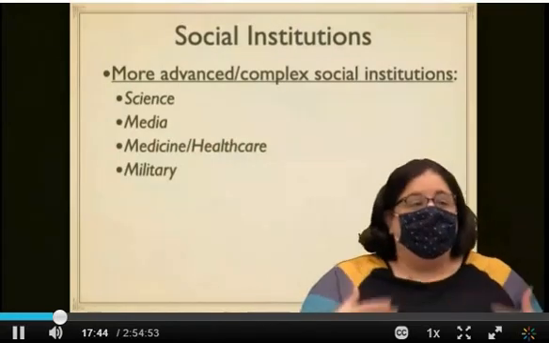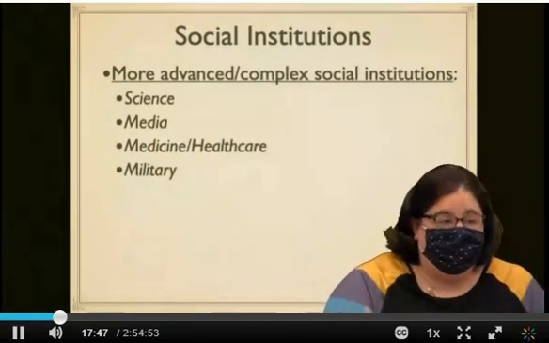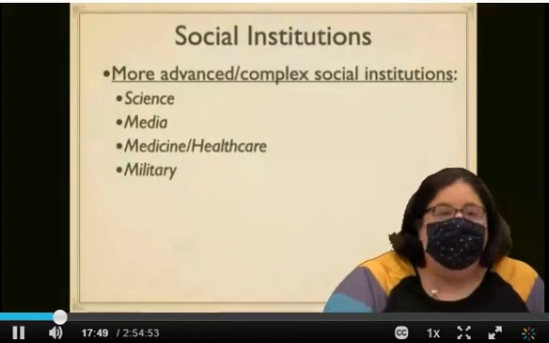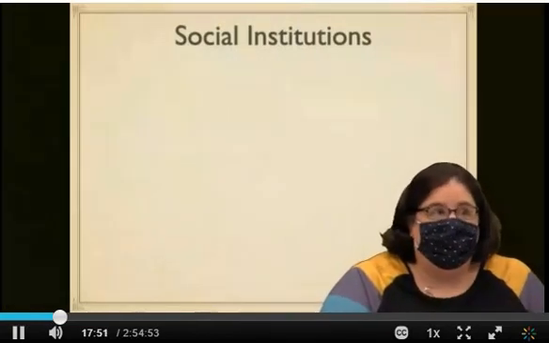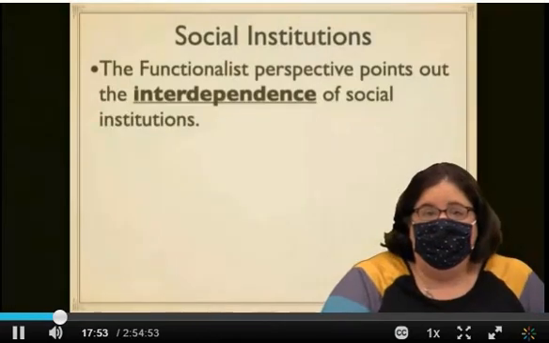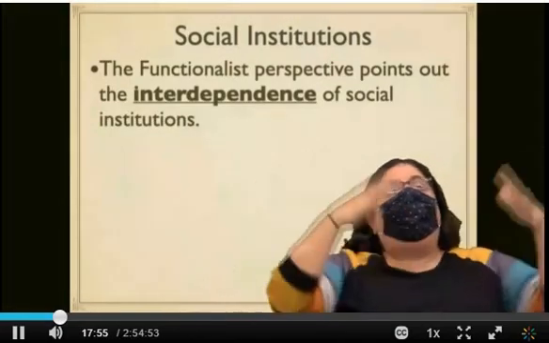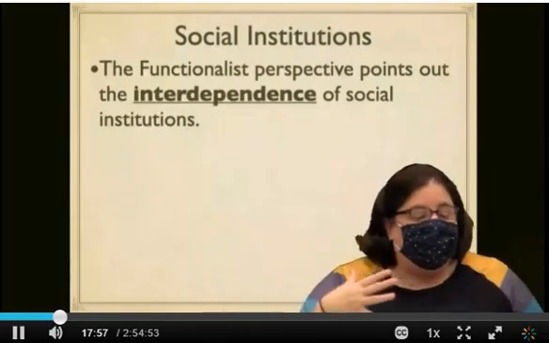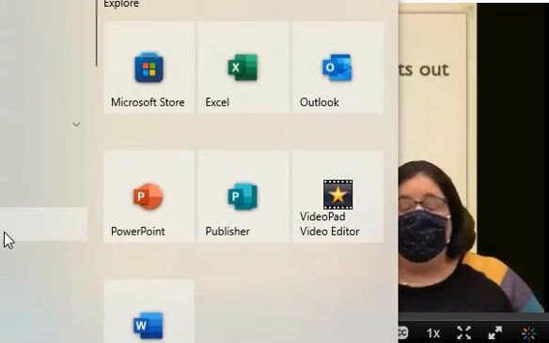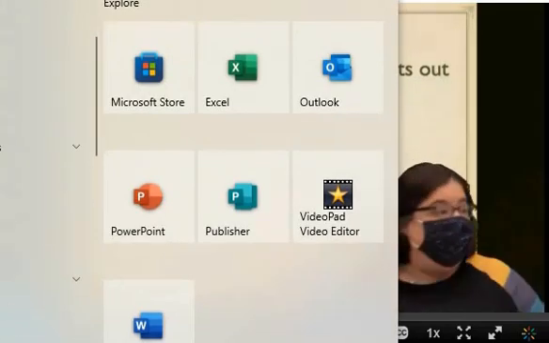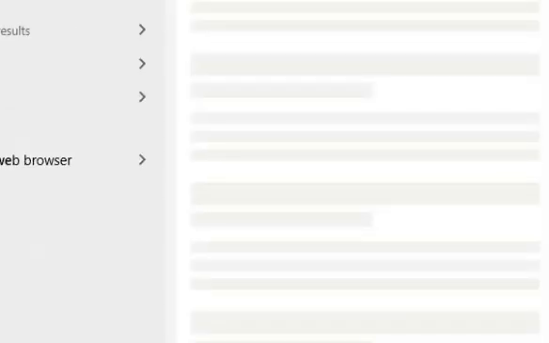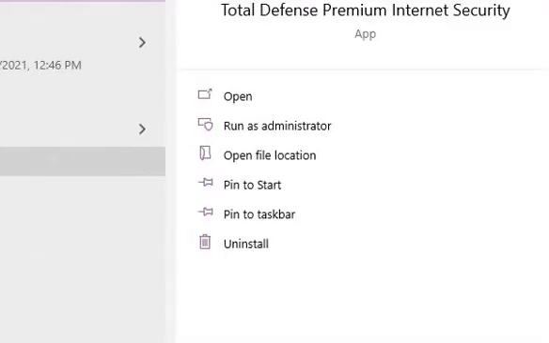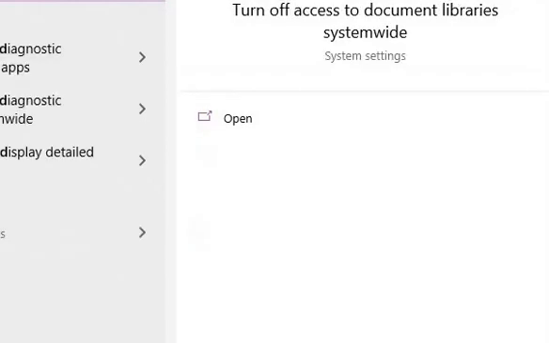So, in sociology, as a social science, there is a general understanding called functionalism. Functionalism believes that all the parts of society have to work together in order for society to be harmonious, for it to be working properly, to function, right? And so the functionalist perspective points out that there is an interdependence between social institutions.